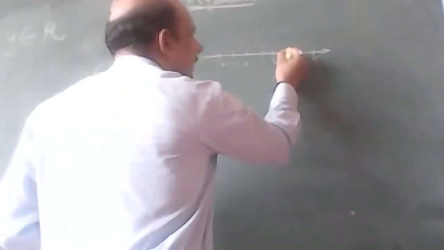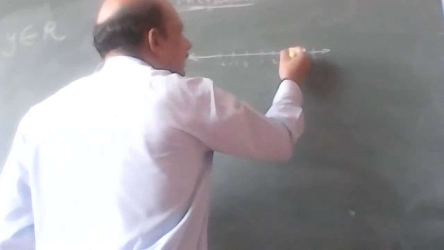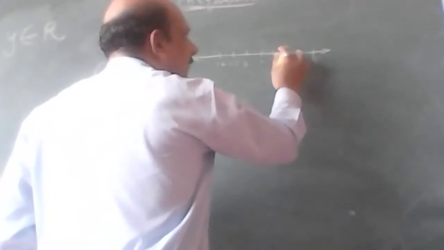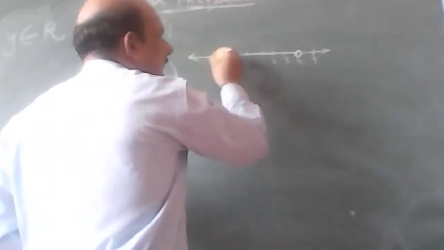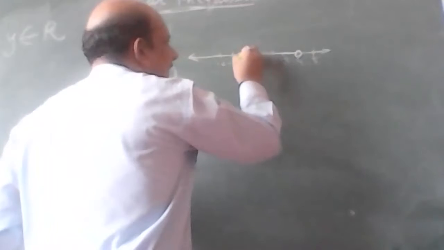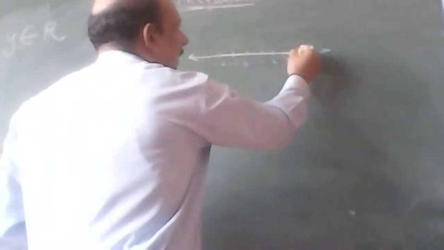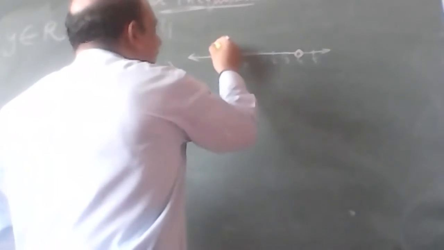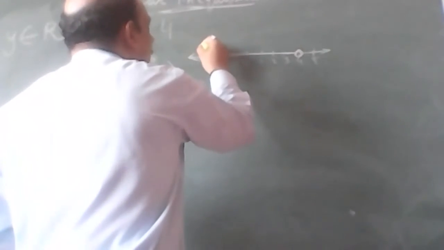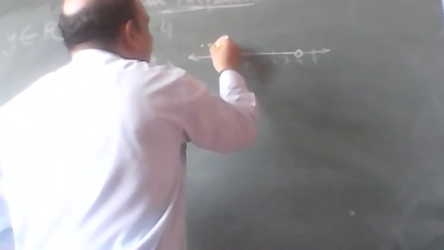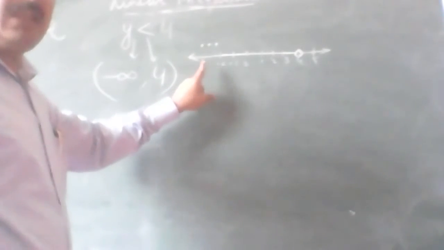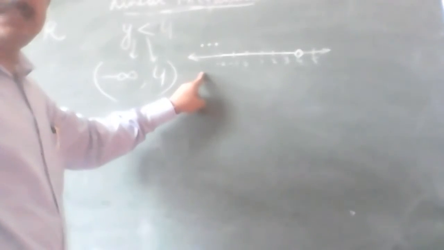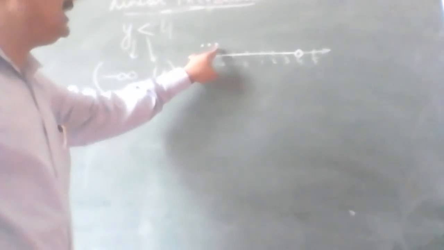So what you would do is, you would take these values, instead of showing each, darken the entire line, showing it like this, and put dots over here. What do these dots represent? These dots represent that it is an infinite set.